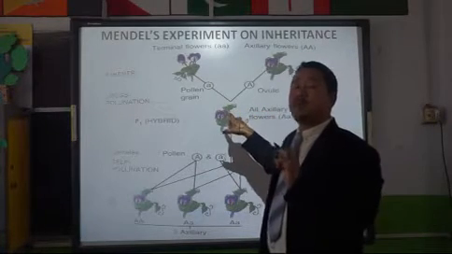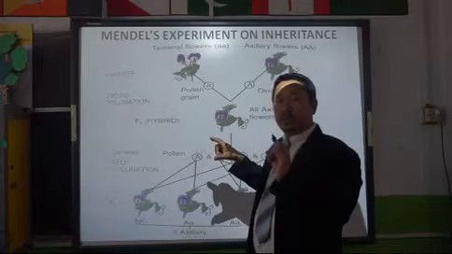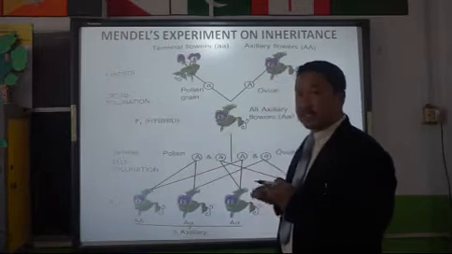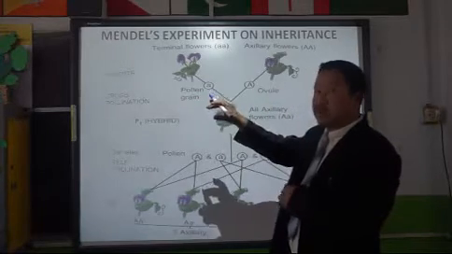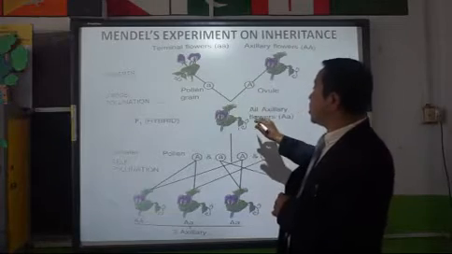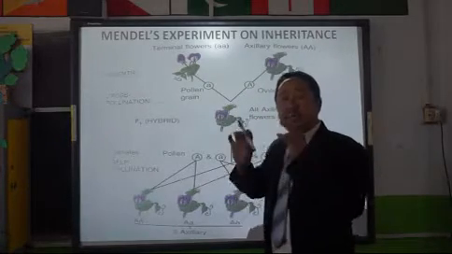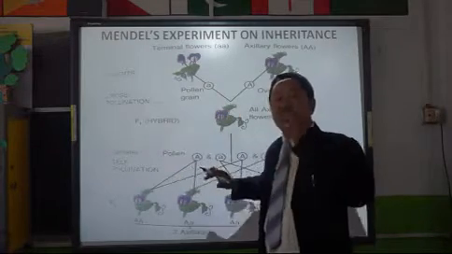What kinds of plants were produced by those resulting seeds? Now see, that generation which we got from those resulting seeds was termed the seedlings or the plants of the F1 generation, the first generation.